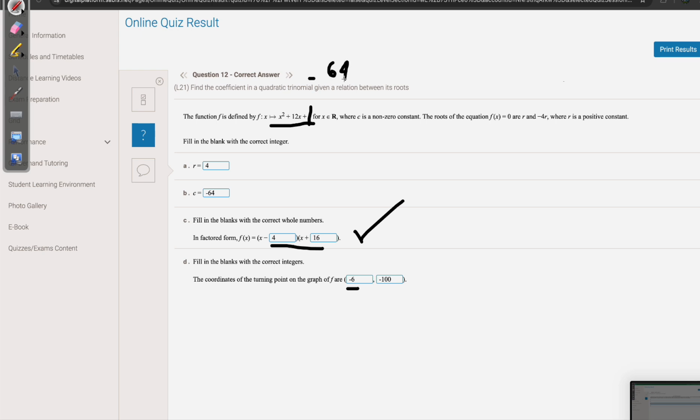So we're just going to derive: 2x plus 12 is 0, x is negative 6, correct. Then we substitute negative 6 in the original equation. So negative 6 squared plus 12 times negative 6 minus 64, which is negative 100, which is correct.